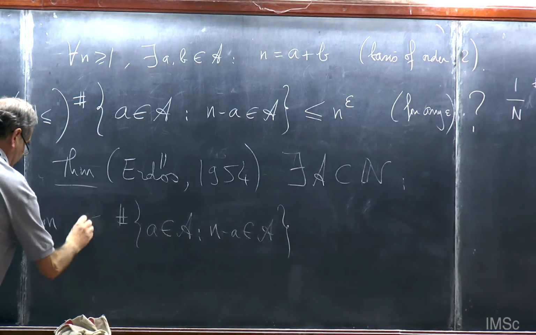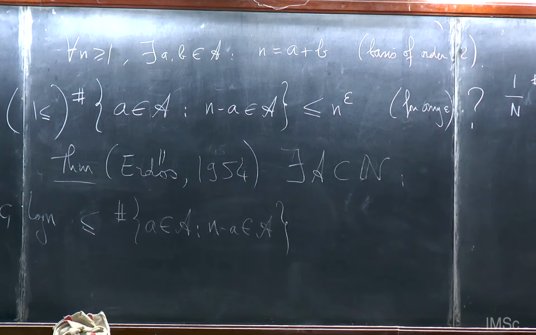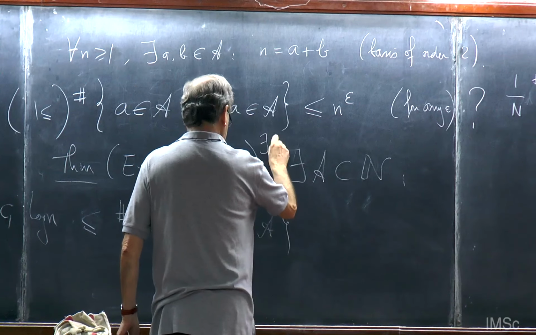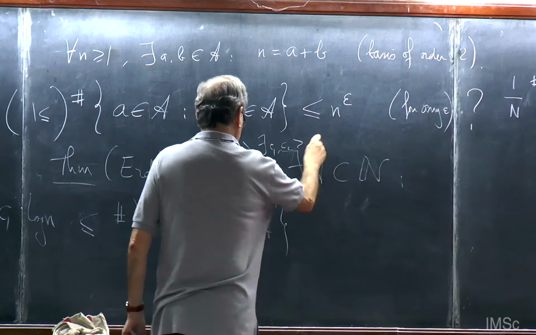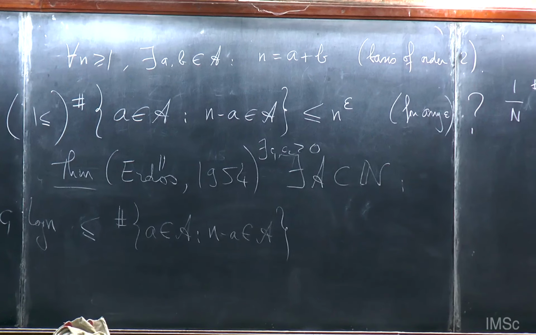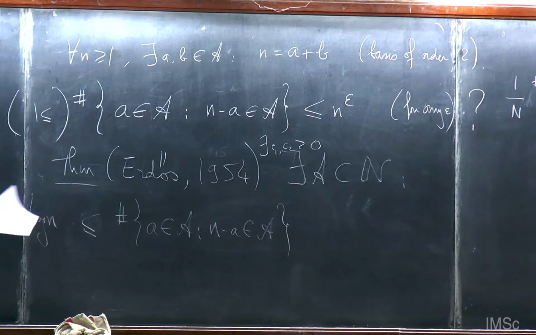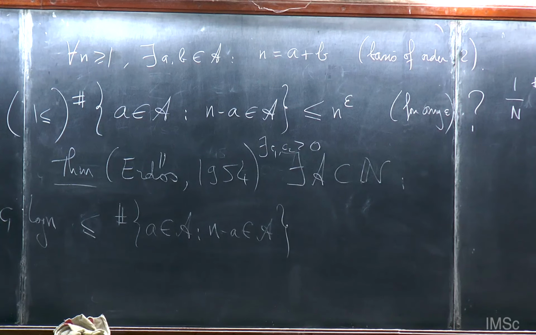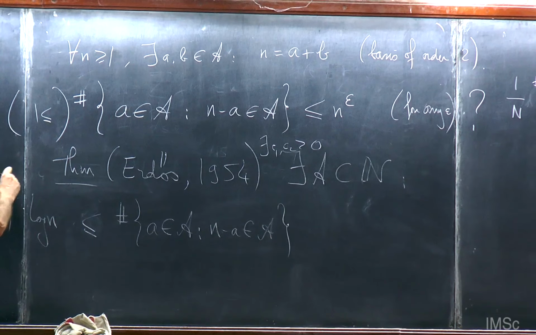Maybe even say that there exist C1 and C2, positive numbers, and a sequence A such that, of course, this means that it is a basis. You are happy. This holds for any n larger than 2.